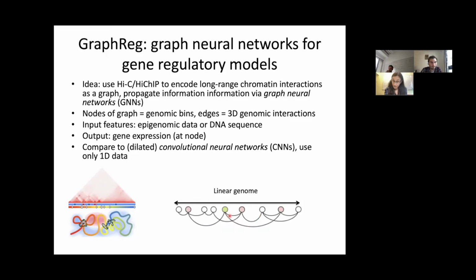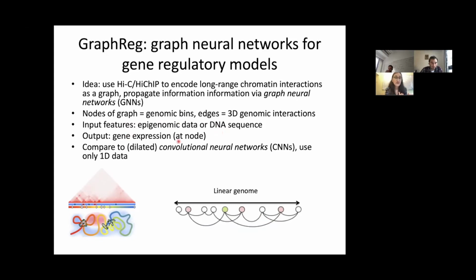And you have promoters, you have enhancers, you have these sometimes very long range interactions, and we actually include interactions up to 2 megabases away. The nodes of the graph are the genomic bins, the edges are the interactions. Our input features are either going to be epigenomic data, histone marks and accessibility, or DNA sequence.